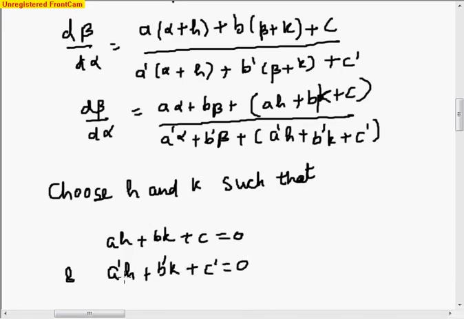A, B, C, A dash, B dash, C dash are known quantities, and from these two equations you can solve for h and k. This is a linear system of equations for h and k.